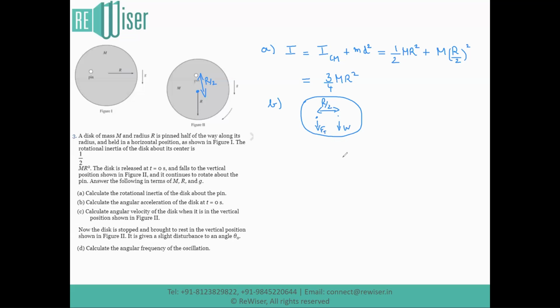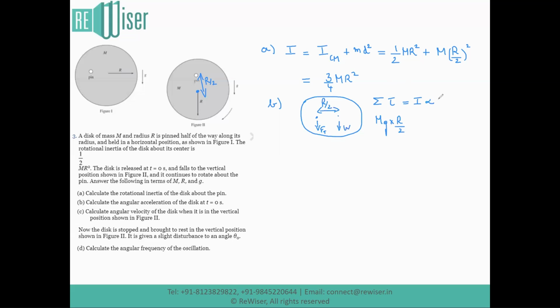So we can use Newton's second law of rotation, which is the rotational equivalent of resultant force. We have resultant torque tau about the pin is equal to I into alpha. So resultant torque we can substitute as mg, which is the weight, times the distance, which is R by 2.